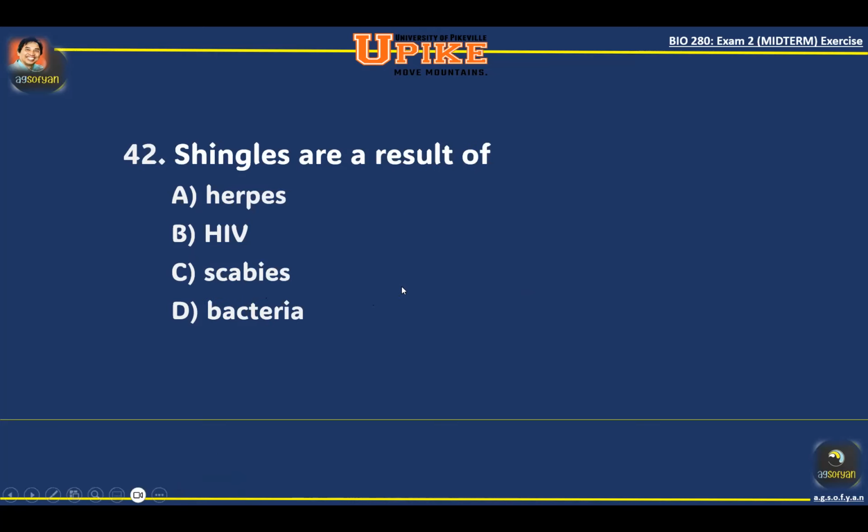Shingles are results of A, B, C, or D. Already mentioned that chickenpox and shingles come from the same type of virus called VZV. So this one is varicella, and this one is zoster.